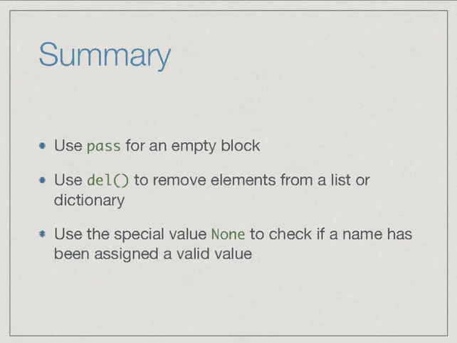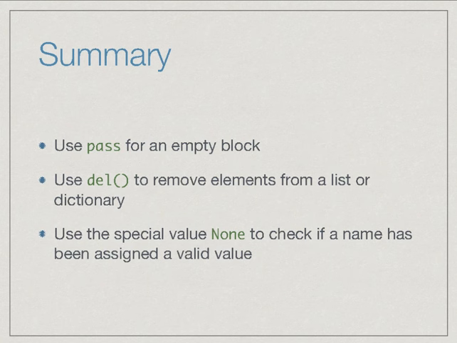So what we have seen are three useful things which we will use from time to time as we go along. One is the statement pass, which is a special statement that does nothing and can be used whenever you need an empty block. Then we saw the command del, which takes a value and undefines it. The most normal way to use del is to remove something from a list or a dictionary. Okay.